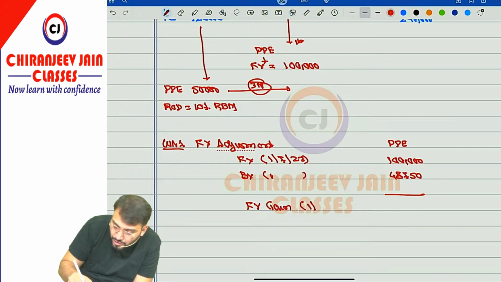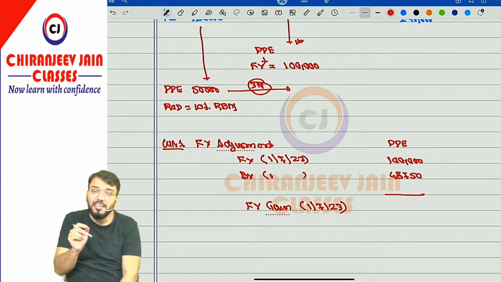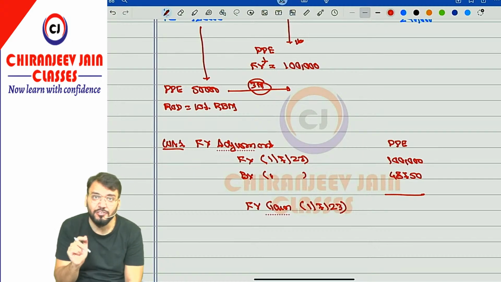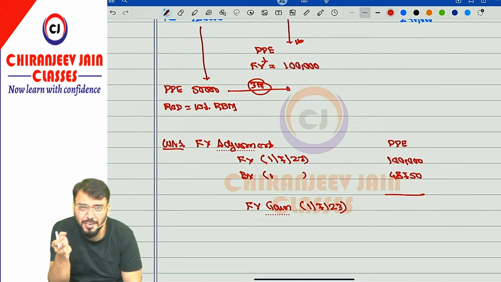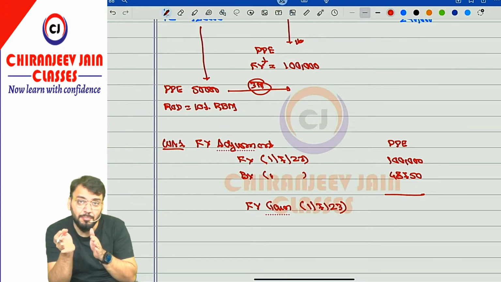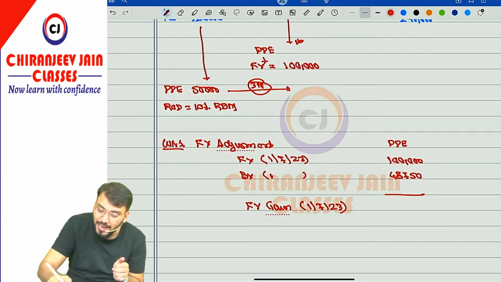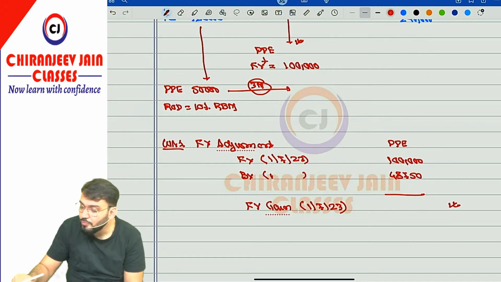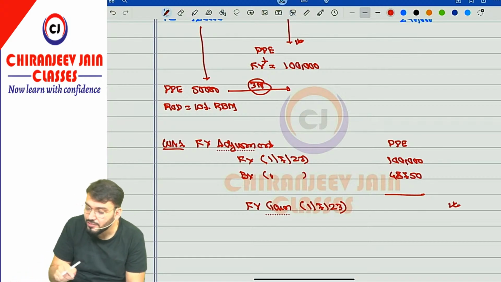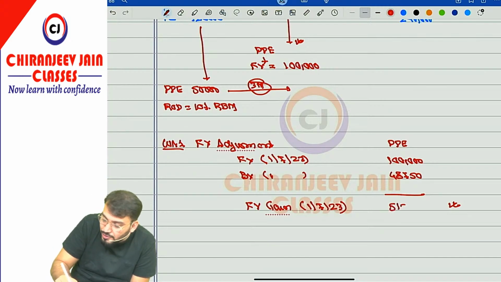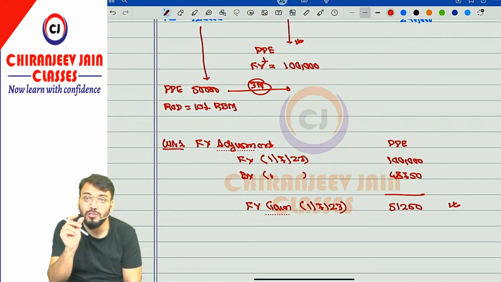Correct. So this becomes fair value gain on the date of acquisition 1/7/2023. But this gain exists on which date? On the date of acquisition. Means it is pre-acquisition profit. So this will be added to the pre-acquisition profit. So 1 lakh minus 48,750 means 51,250 will be added to the pre-acquisition profit.